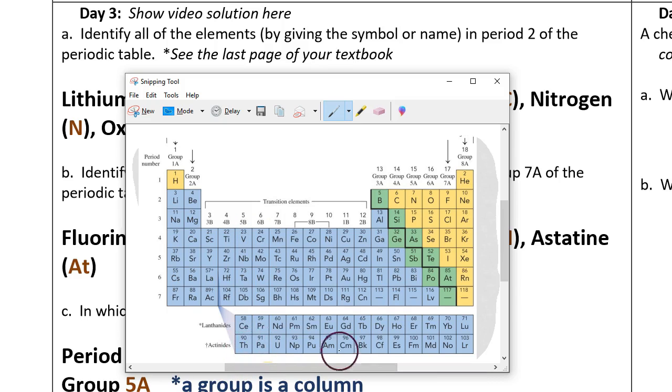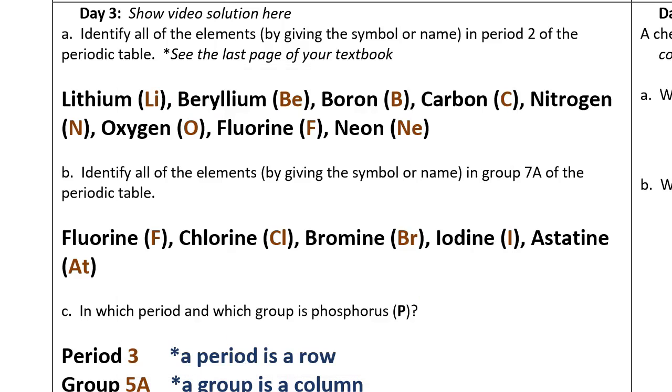Similarly, elements 90 through 103 exist in between elements 89 and 104. They're in between group 3B and 4B. So the answer to question B is fluorine, chlorine, bromine, iodine, and astatine.